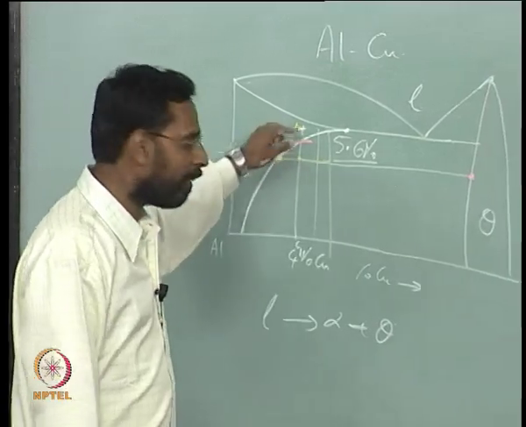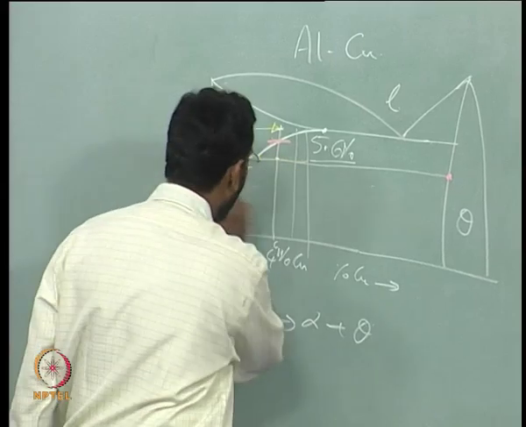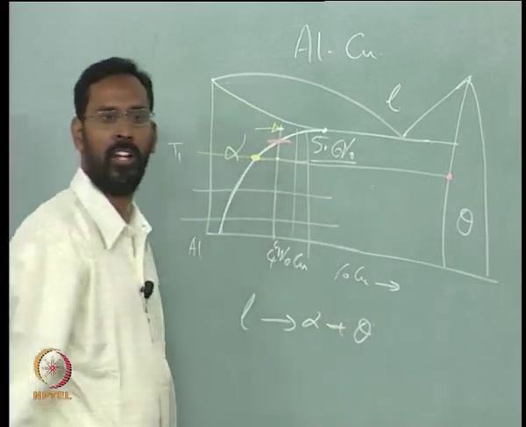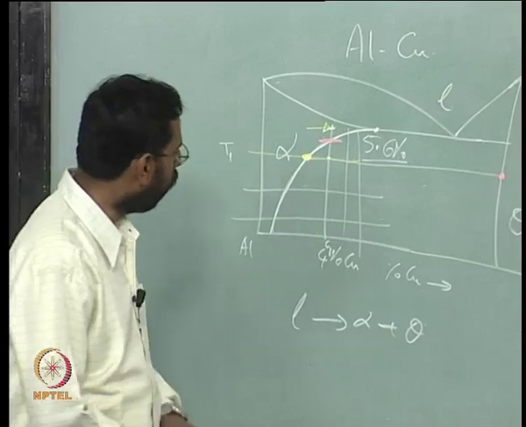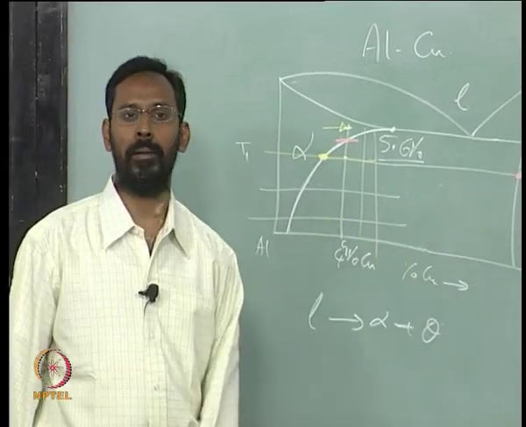Or for the same alloy, if I change the temperature, instead of this temperature I come to this temperature or this temperature, the lower the temperature, the more the theta is stable.